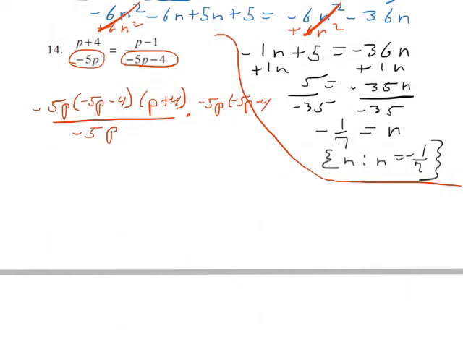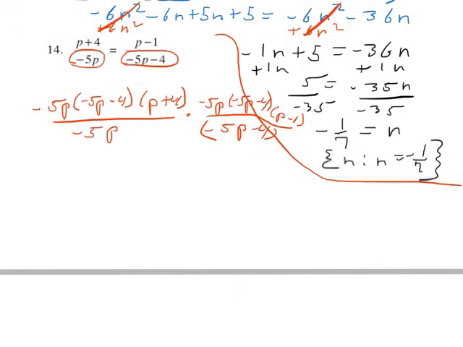And I'm going to run out of room, so I'm just going to kind of squeeze it in here. P minus a 1 all over top of negative 5p minus a 4. All right, now, is there anything that divides out there? Well, let's see. These negative 5p's divide out, and these negative 5p minus 4's divide out right there. All right, so let's divide those out.